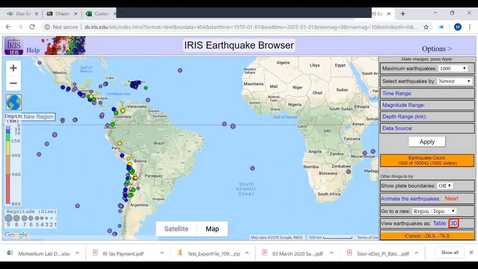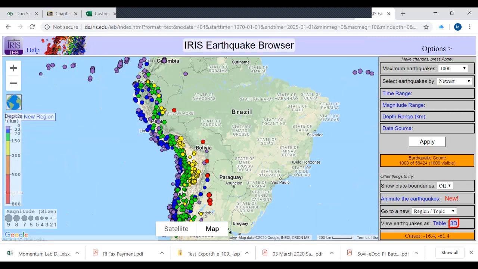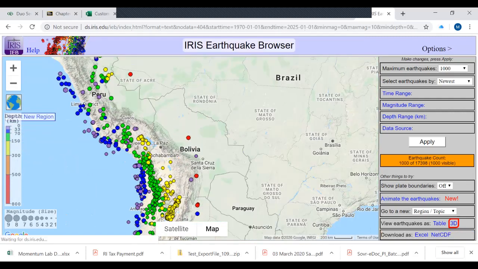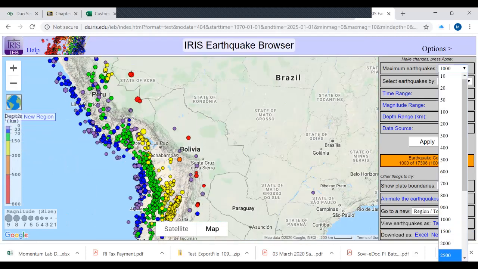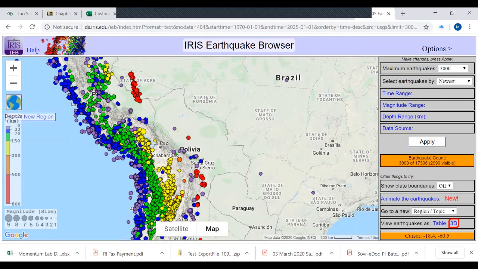Now let's look at, say, South America, a place where we saw some of those deep earthquakes. I want to plot a lot of earthquakes. Let's plot 3,000 earthquakes. All right.